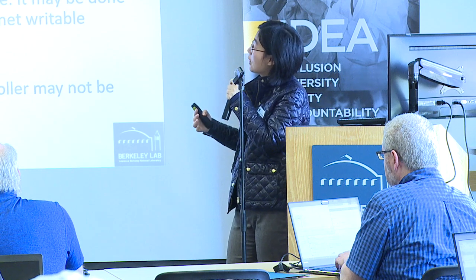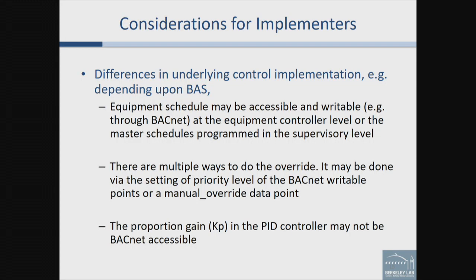The second thing to be aware of is that we are talking about overwriting control variables, but for different building automation systems, the variables, although they have the same meaning, may have different actual data points depending on the control system itself.